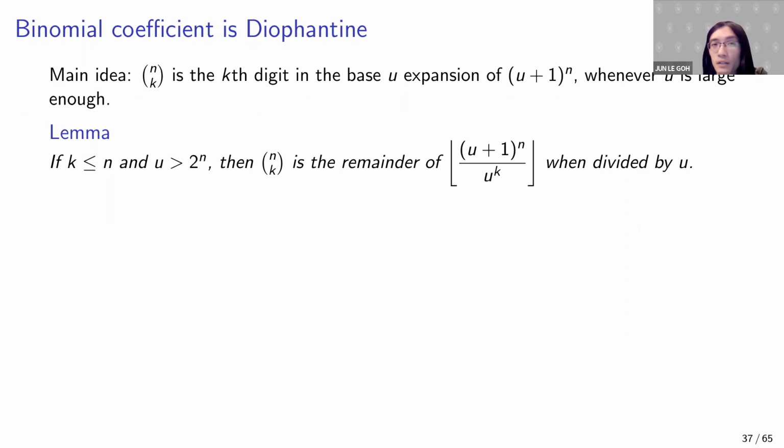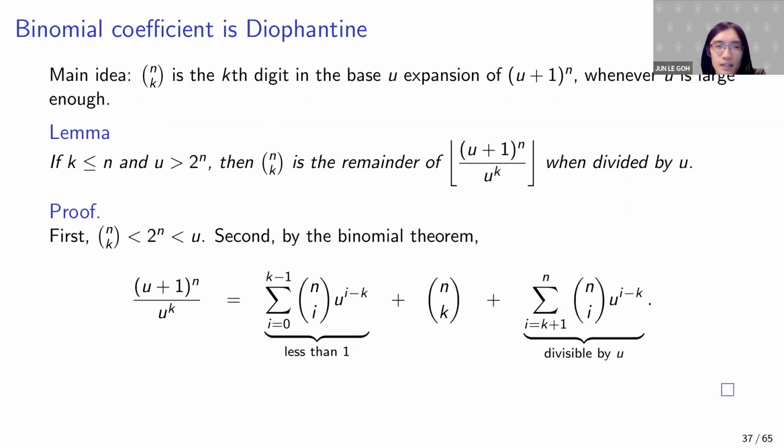Let's briefly look at the proof of this lemma. In order for n choose k to be a remainder when divided by u, first of all, it has to be less than u, and that is true by assumption. But the main point here is, why is it congruent modulo that floor function thing? The point is to use the binomial theorem.